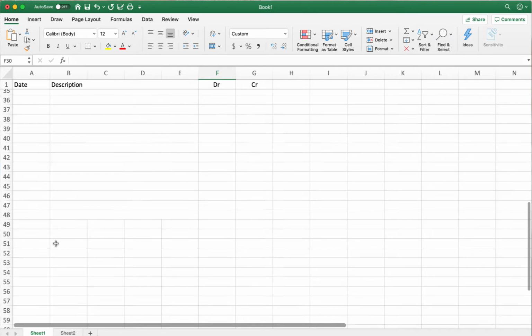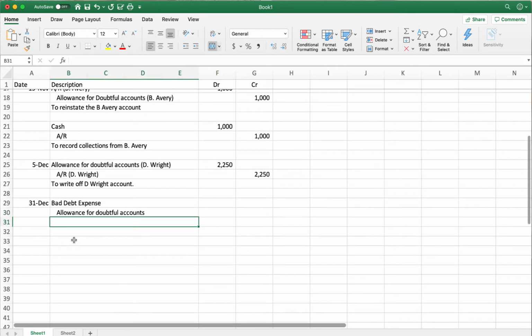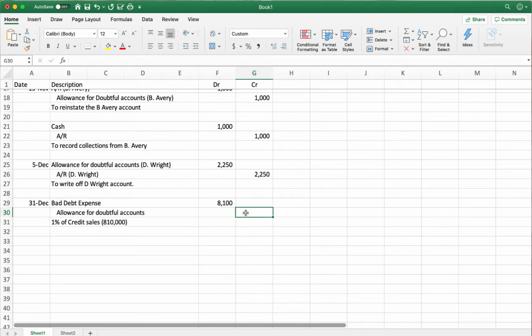For how much? It is 1% of credit sales. What's our credit sales? $810,000. So I'm going to debit bad debt expense for $8,100. I'm going to credit allowance for doubtful accounts, $8,100.